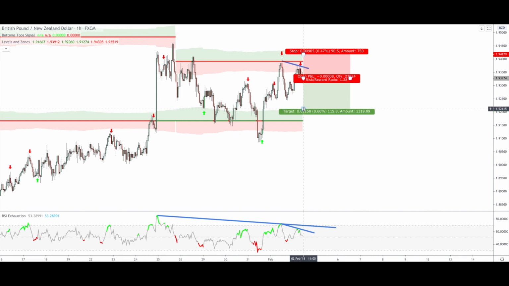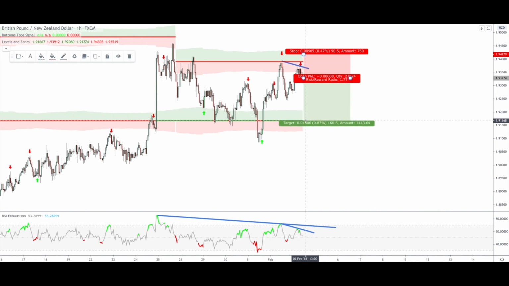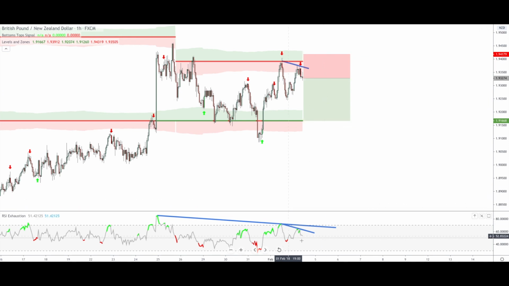Regarding the target, we have two options. If you prefer to be extremely conservative, you can set the target at this support level here, because if the price comes down like we are expecting, because our technical analysis is suggesting so, then it should definitely visit this level here, because we know that when we have these major levels, they get tested at least once, but most of the times multiple times.